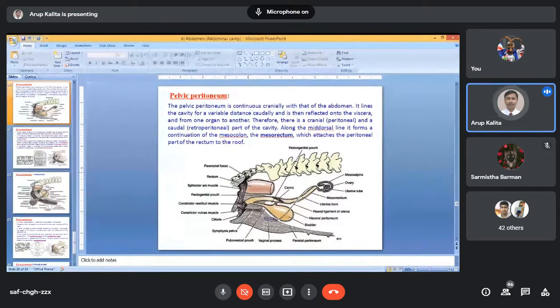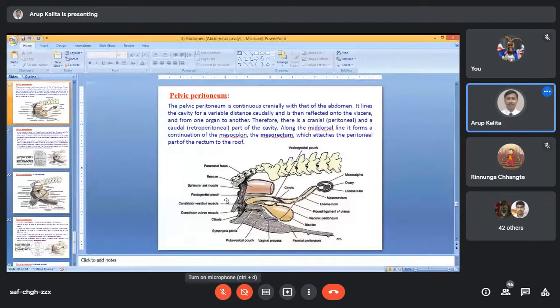This is the coccygeal vertebrae. So this region is the pelvic cavity. Have you seen my cursor or not? Now the pelvic cavity starts from the sacrum up to this area.